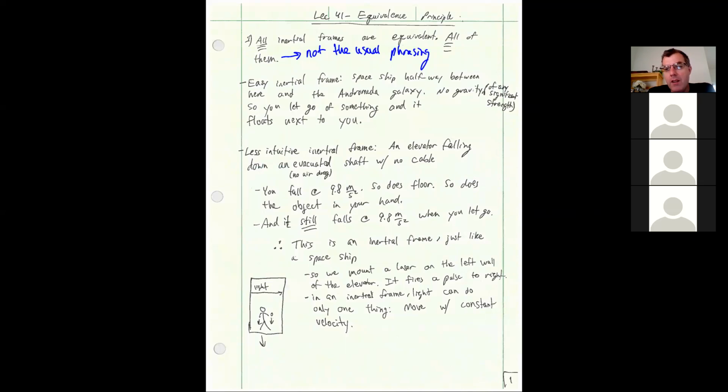Then we could tell. But just by local experiments, just by gathering data in our most immediate vicinity, we could not tell. And if we can't tell with any experiment, then that means that the laws of physics have to be the same in an accelerating reference frame or in the vicinity of a giant rock exerting a gravitational force.